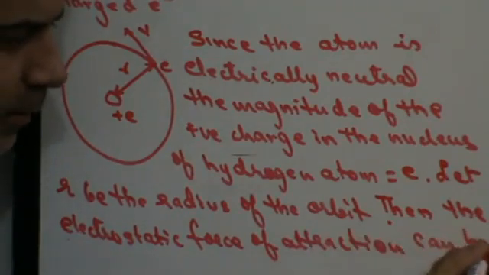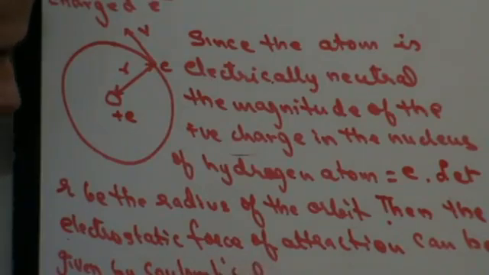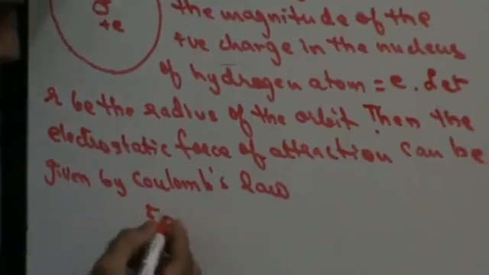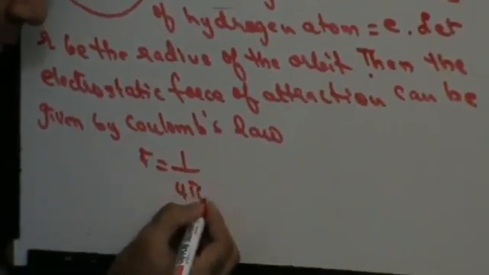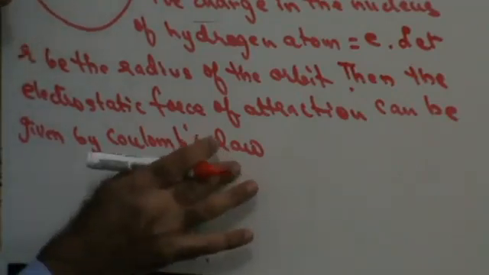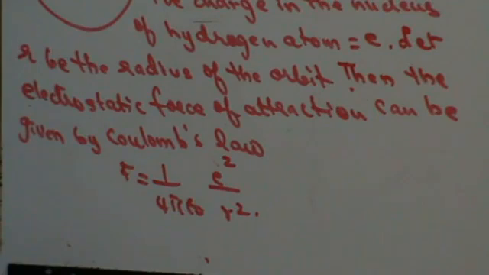What does Coulomb's law state? F is equal to 1 upon 4 pi epsilon 0 times e square upon r square. It should be Q1 Q2, but we just said that the charge on both the proton and the electron is the same, and the distance is r square.